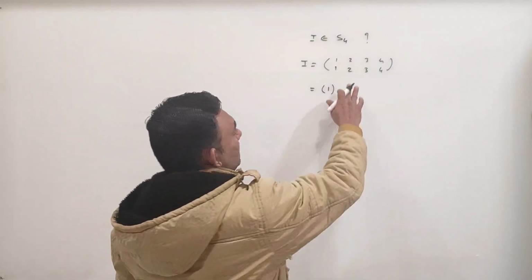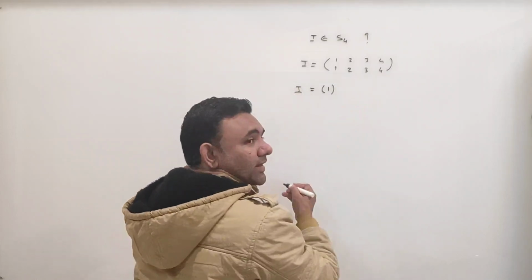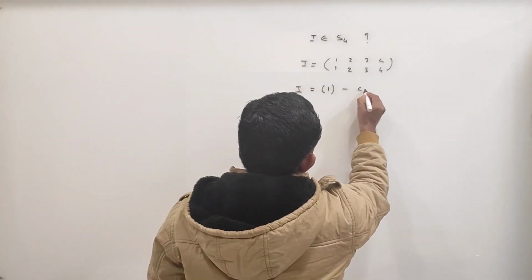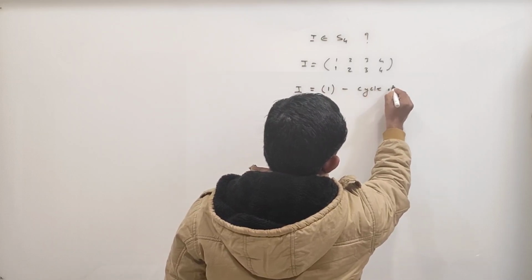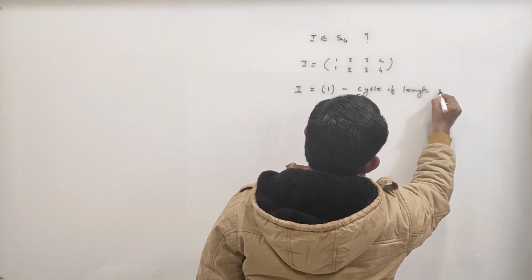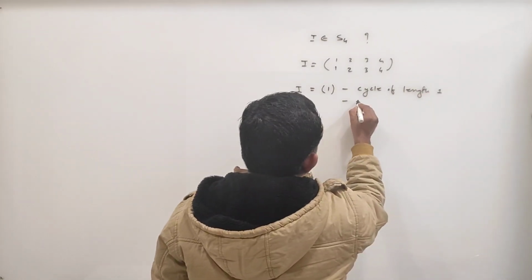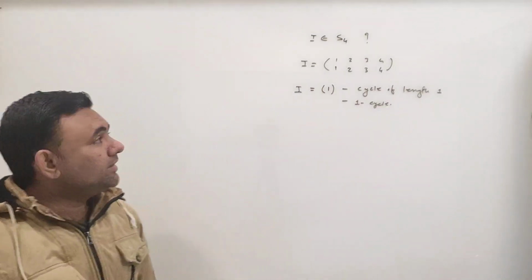So we will not write the remaining ones. So this I is a cycle, a cycle of length 1, or we may say it is a one cycle.